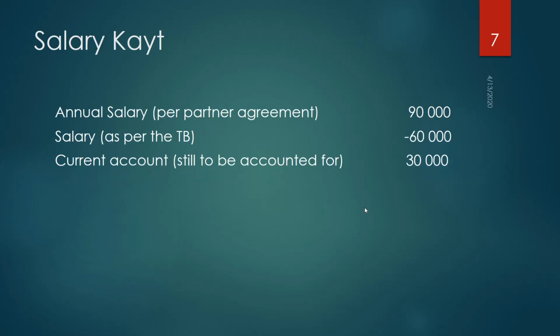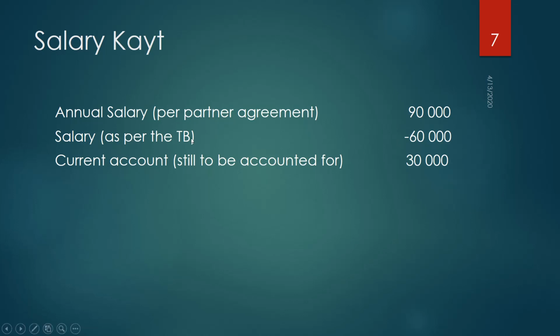The next item I'd like to tackle is salaries. If you refer to the partnership agreement, the first provision related to Kite's salary, we were specifically told that Kite is entitled to a salary of 90,000 per annum. As per the trial balance, we were given the amount of 60,000. What this entails is that the 60,000 has already been taken into account.